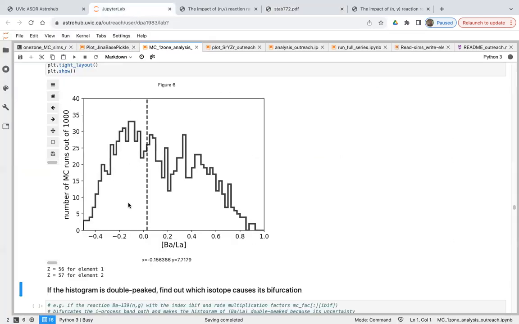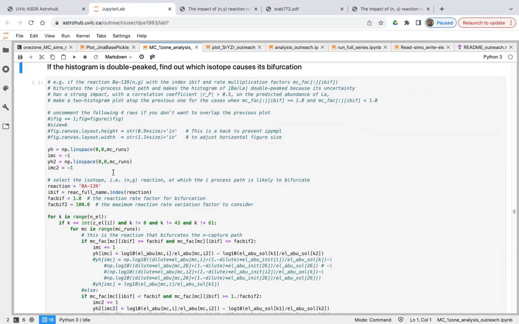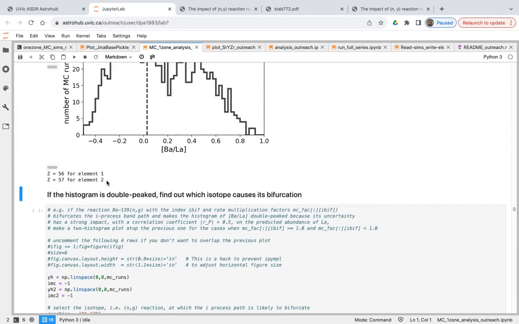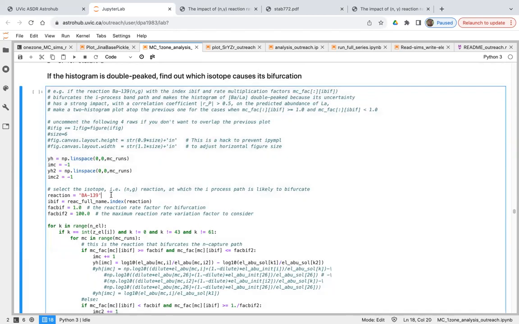And in the next cell we can check that this bifurcation is in fact caused by barium-139. For this we make the same plot, the same histogram, but we check the reaction barium-139. Like this.